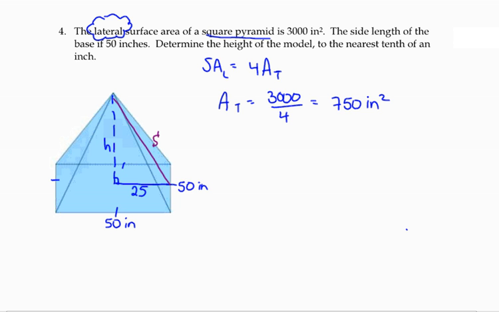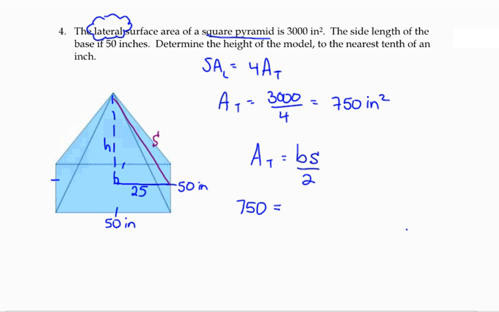Yes. What's the formula for area of a triangle? Base times, in this triangle, what's our height? What letter? S. Divide by 2. Okay, so let's fill in what we know. Do we know the area of a triangle? Yeah, 750.